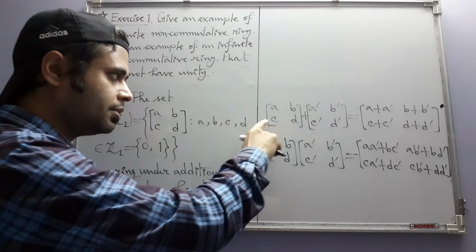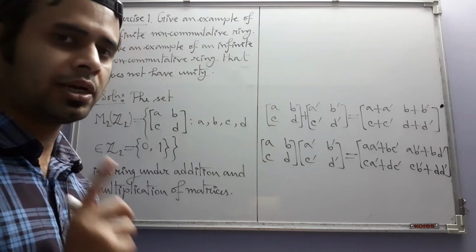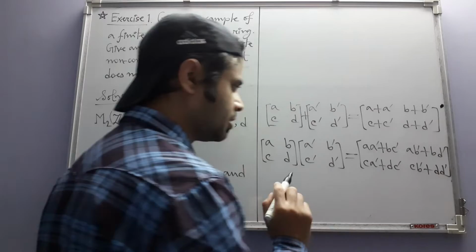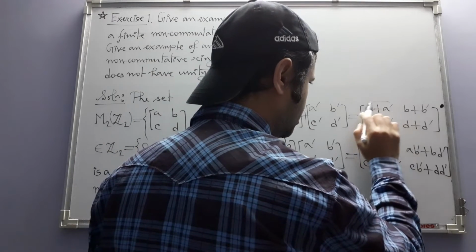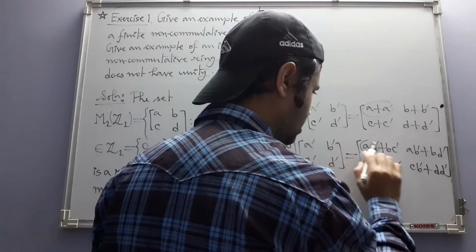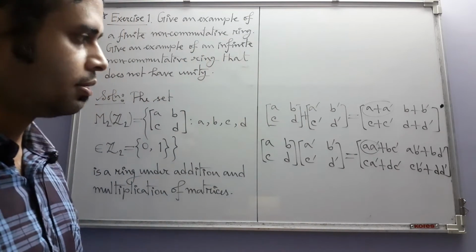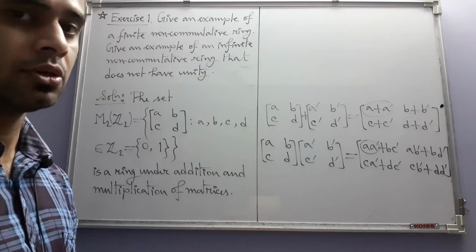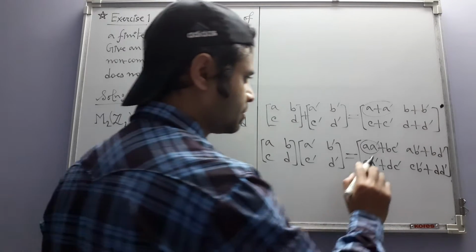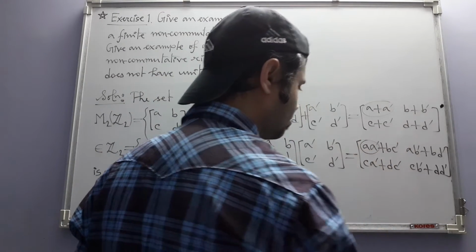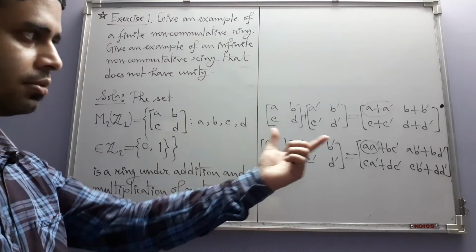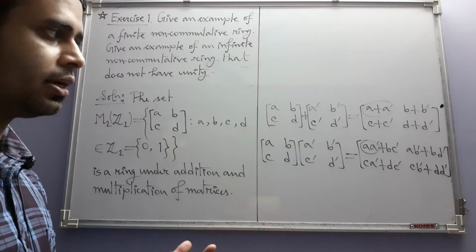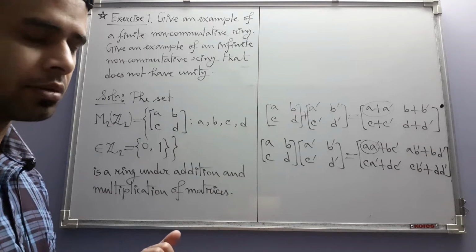Now, if these are ordinary matrices where the entries are real numbers, then this sum and this product are ordinary sums and products of real numbers.